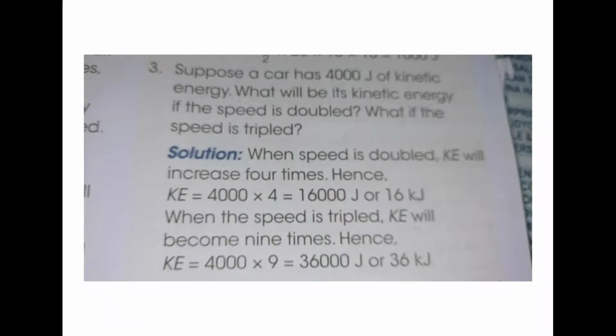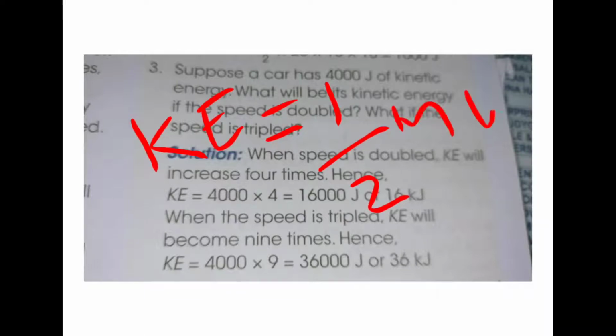Okay, if speed is getting doubled, here you see formula is 1 by 2 mv square, right? Now if this velocity is getting doubled, that means your formula will be half m into 2v square, that means 4v square, 2v whole square, so 4.